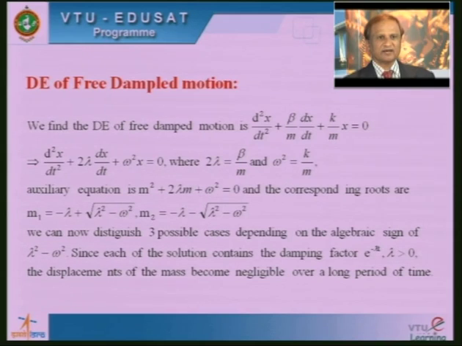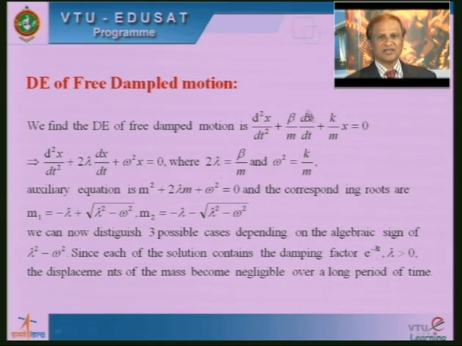Okay, right. A differential equation of free damped motion. Friends, so far in the differential equations we have observed only two terms. Is it clear? Right. So now I want to introduce one more term.